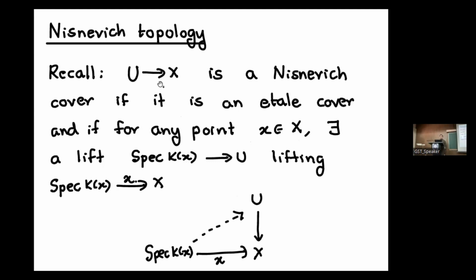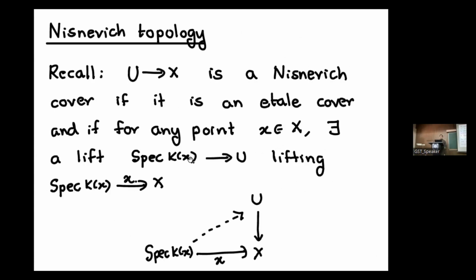In general, for an étale map, a point sitting over x is not necessarily a kappa x rational point, but a point whose residue field may be a finite separable extension of kappa x. If you are able to lift x to a kappa x rational point for every x, then this is a Nisnevich cover.